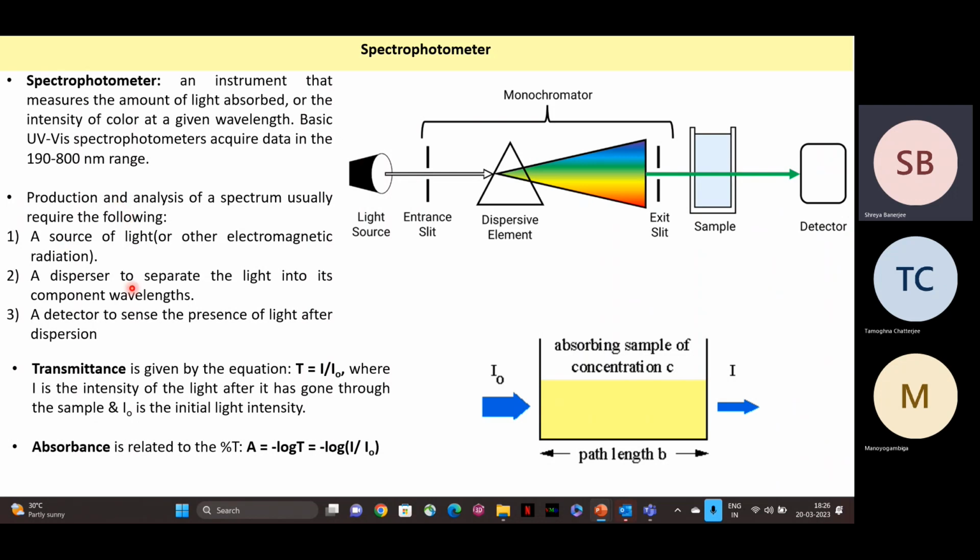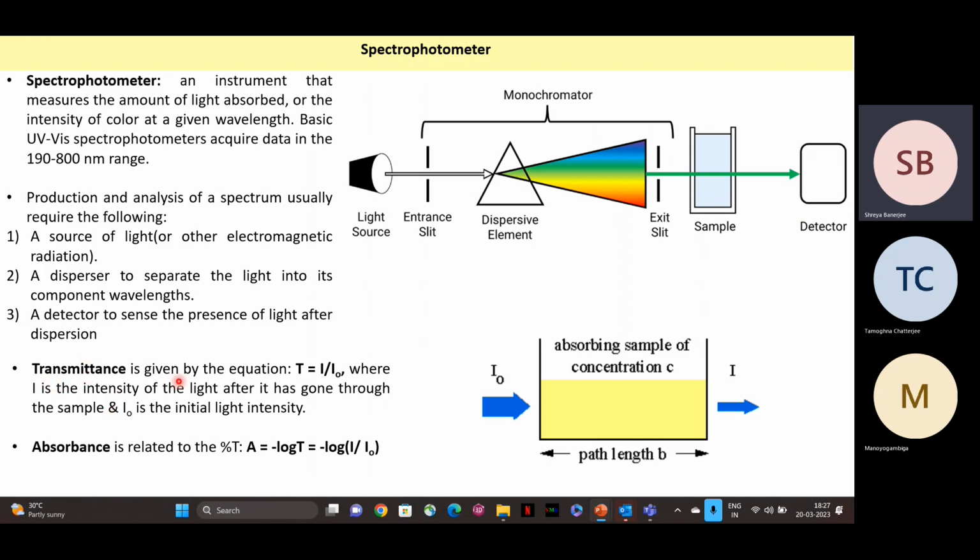So the basic components include the light source, the disperser to separate the light into its various component wavelengths, and the detector to detect the final transmitted light. There are two terms associated with spectrophotometers.